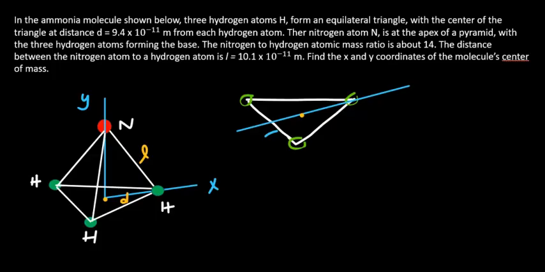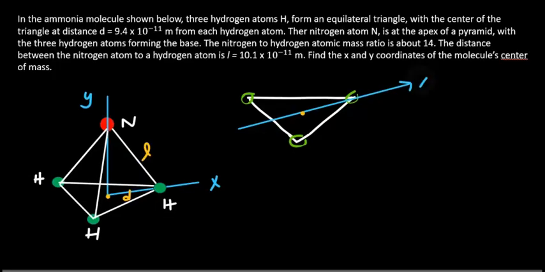So this blue line represents the x-axis, and this is the center of that x-axis. So that is the positive side of the x-axis, and that is the negative side of the x-axis. The hydrogen atom is directly on top of that. So that is the y-axis, and the hydrogen atom is somewhere there.